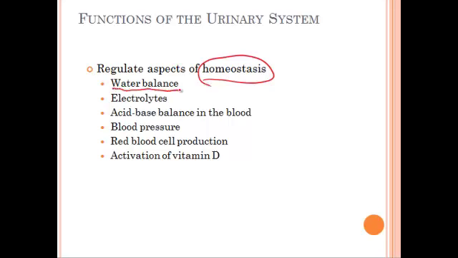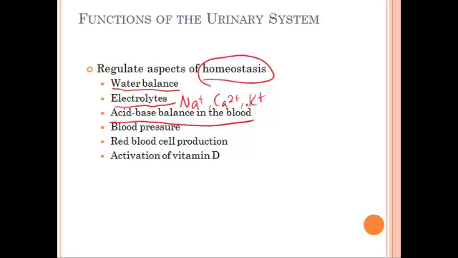Water balance, so making sure that the amount of water we're taking in and the amount of water we're releasing is balanced so that we have the water that we need inside the body. Also electrolytes. These are things like ions, potassium, sodium, anything that has a charge. And then also the acid-base balance of the blood.